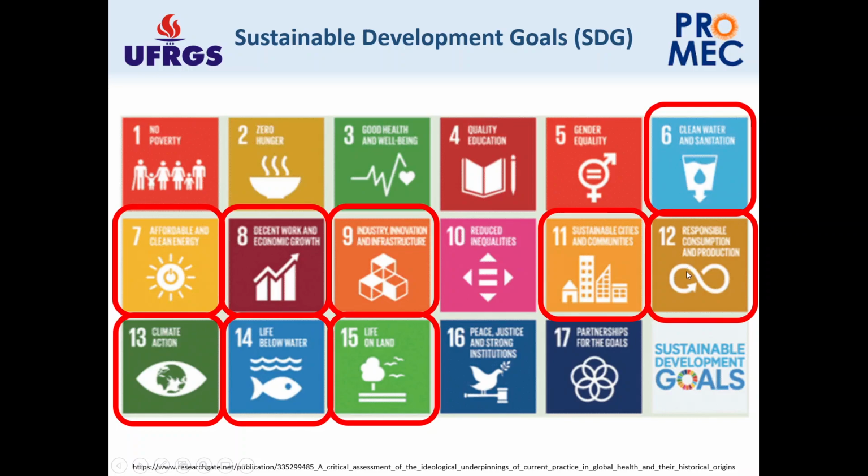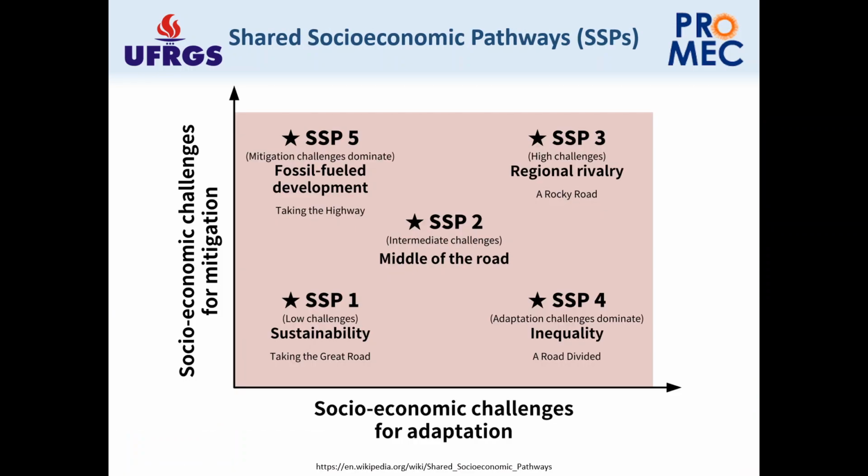So these, production and consumption, climate action, life below water, and life on land are the most important for these integrated assessment models, because the other ones are a little bit more complicated and the policies are more difficult to implement, to create equations to describe the other goals. So they're more challenging, and these are the ones that are mostly focused on.